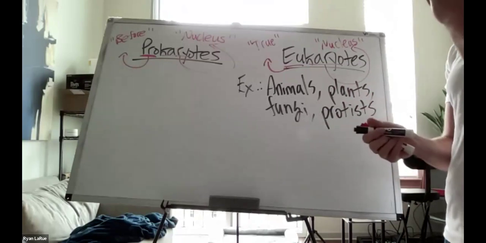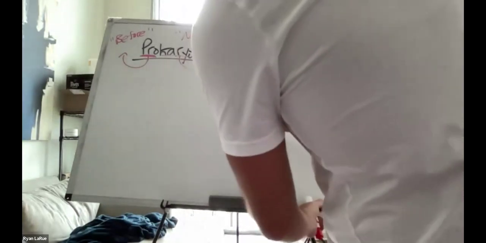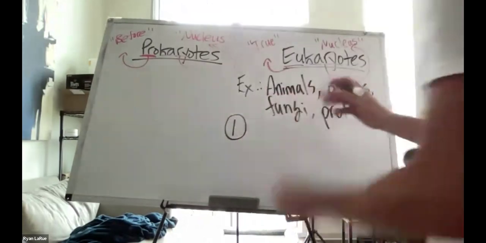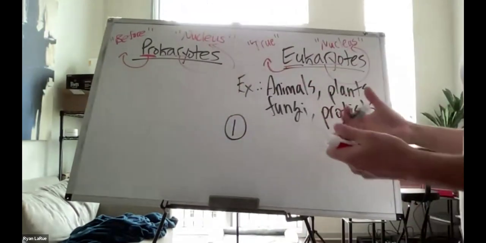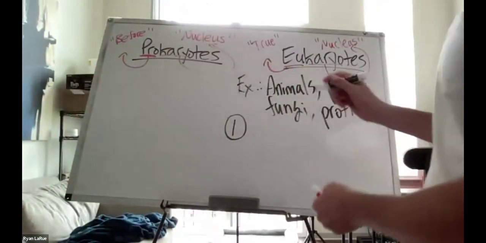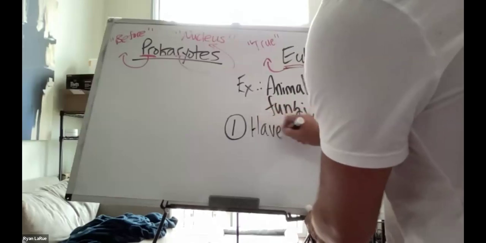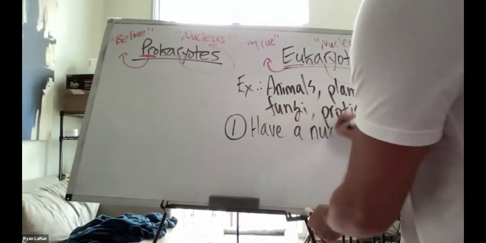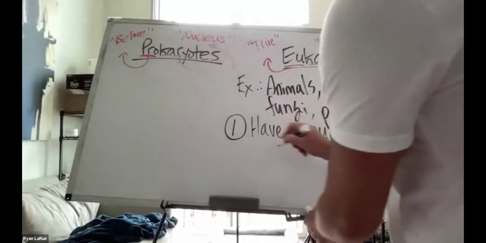All right. So really the two qualifications of eukaryotes are the opposite of the prokaryotes. So the first being that they have this nucleus. And again, this is going to store DNA.